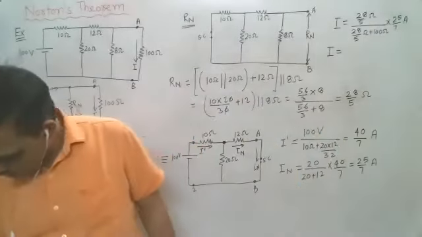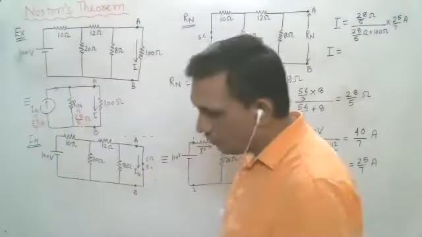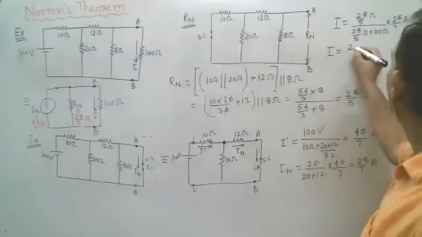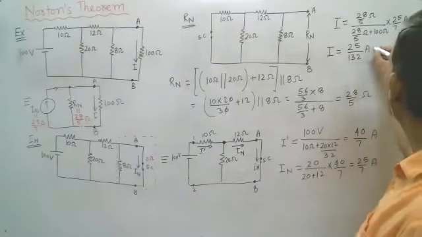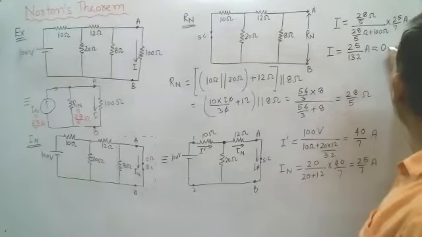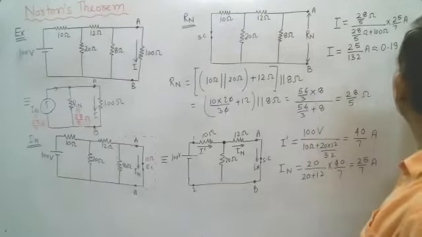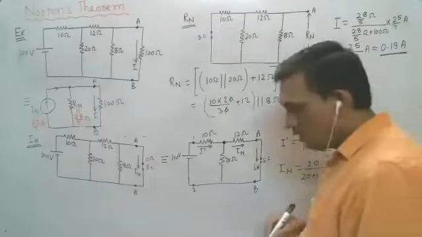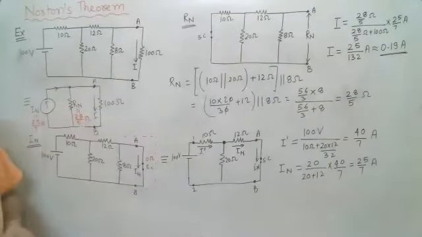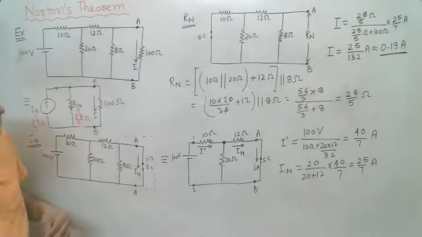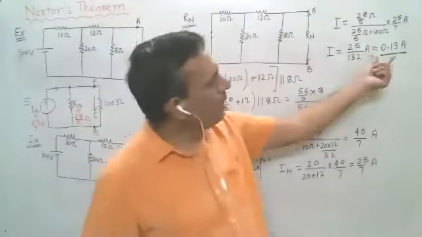And this value is, I think, 25 by 132. If you calculate this, you will get 25 by 132 ampere. Approximately 0.19 ampere. Recheck this value. 0.19 ampere.